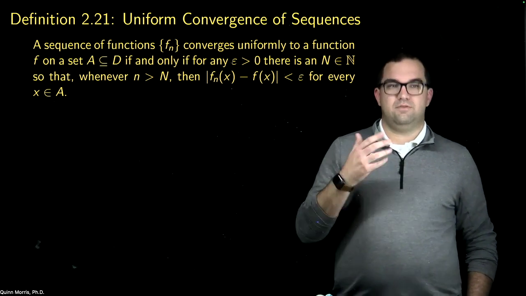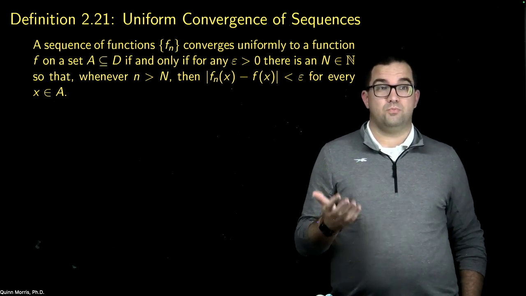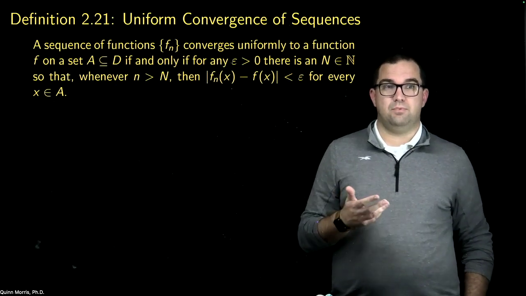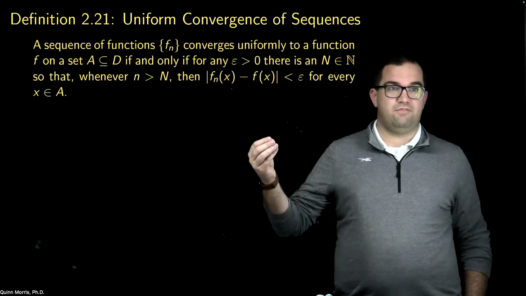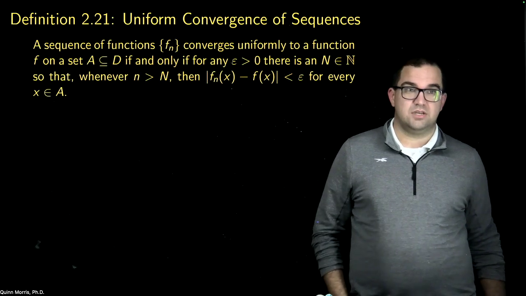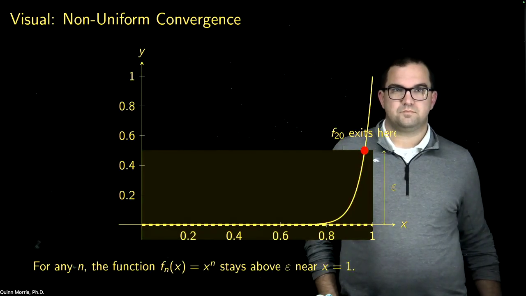Now, we will, in subsequent videos, work through some other proofs that something converges uniformly. So you'll see other examples, but you can very easily modify the previous proof to show that that sequence of functions does converge uniformly.